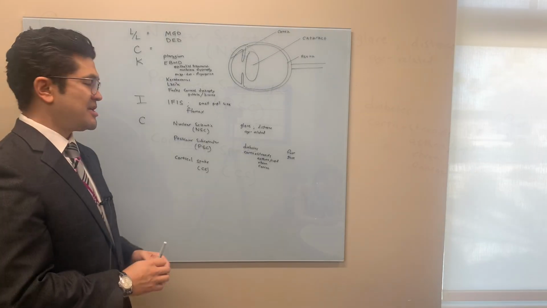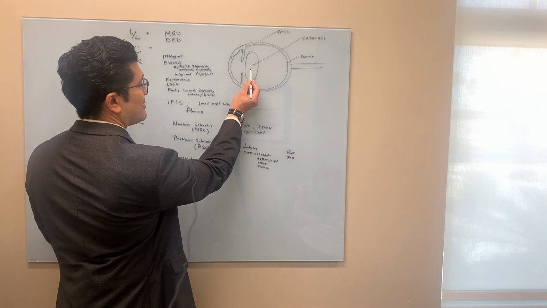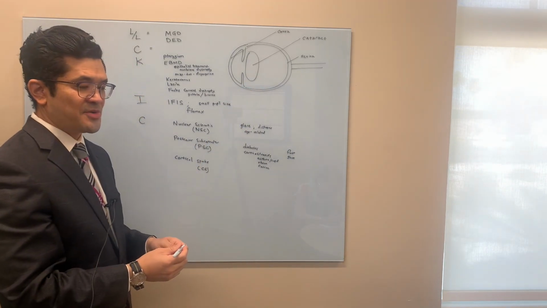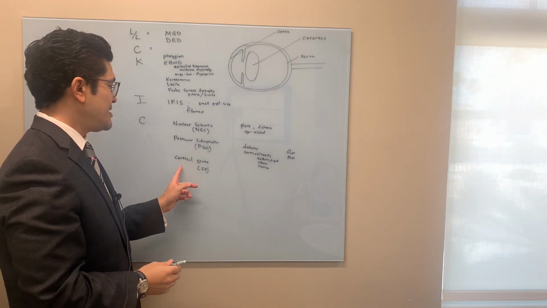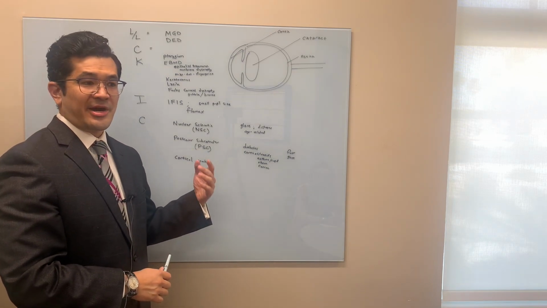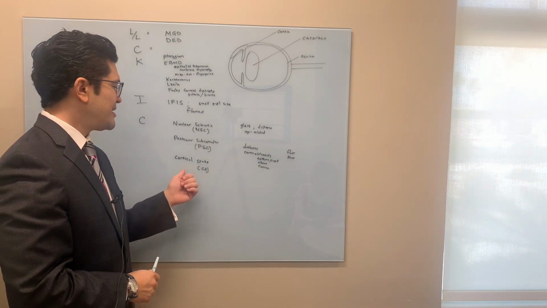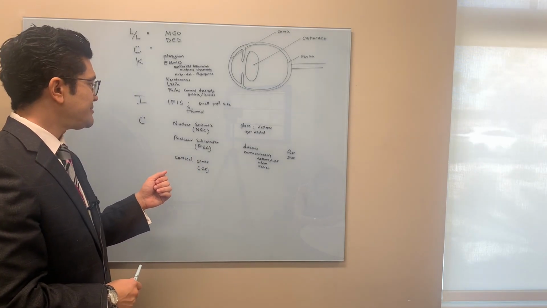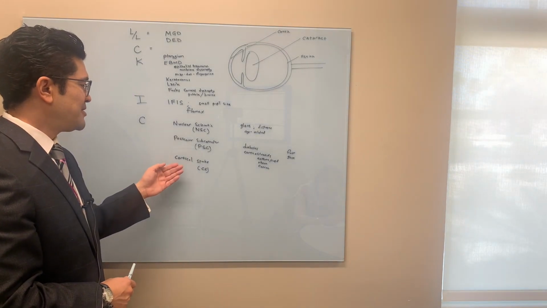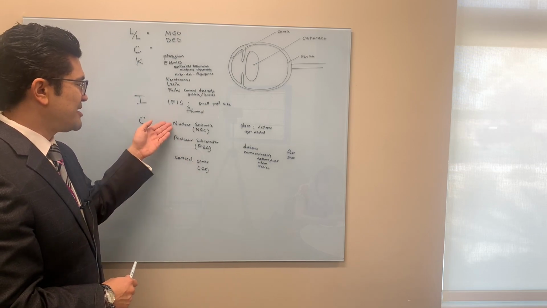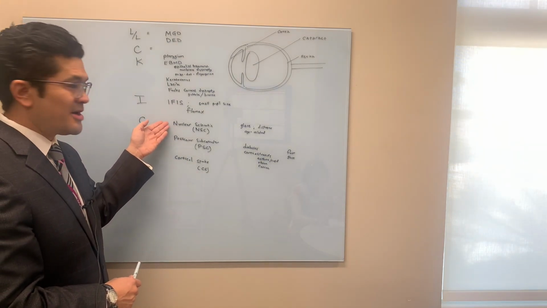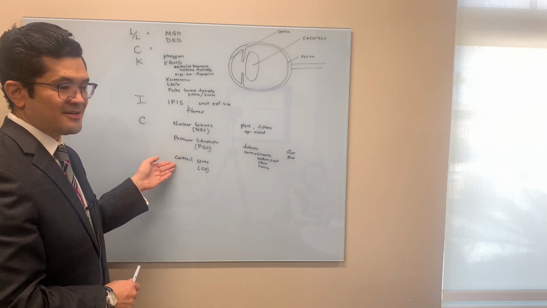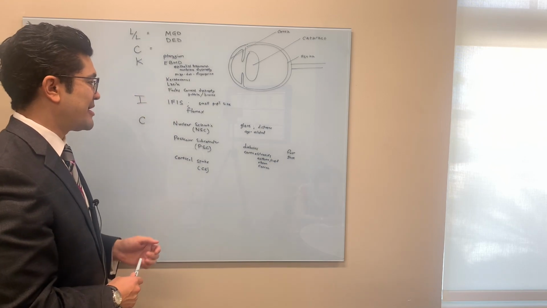These are interesting because they start from the periphery of the cataract and then move inward, and they look like the spokes of a bicycle tire. These are usually associated with higher rates of glare, and usually these are a little more slowly progressive as well. Often when I see cortical spoke cataracts, they're usually combined with a nuclear sclerotic. So the cortical spoke patient is usually a mixed type of cataract.